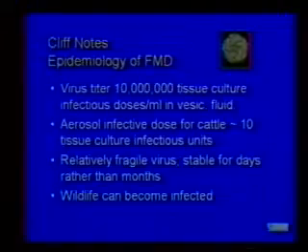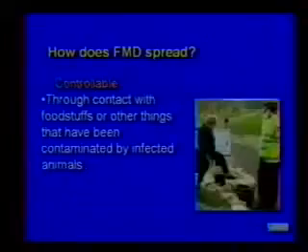When we consider that the aerosol infective dose for cattle is about 10 tissue culture infectious doses, you can see how easily this virus is transmitted. However, it is a relatively fragile virus, and it's stable for days rather than months in the environment. But we also have to recognize that foot-and-mouth disease affects many different species, and wildlife can also become infected.